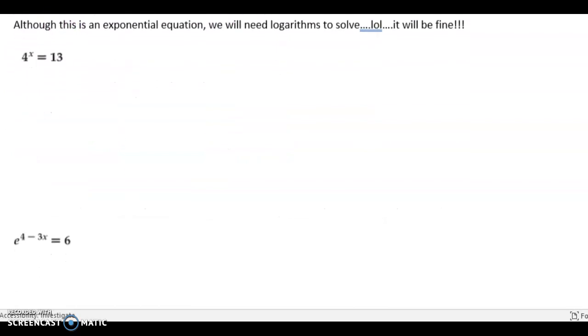All right, moving on. Although this is an exponential equation, we will need logarithms to solve. It'll be fine. Let's review a little bit about logarithms. Recall that when we had something like 4 squared equals 16, to write that as a logarithm, we write log base 4. 4 is the base.